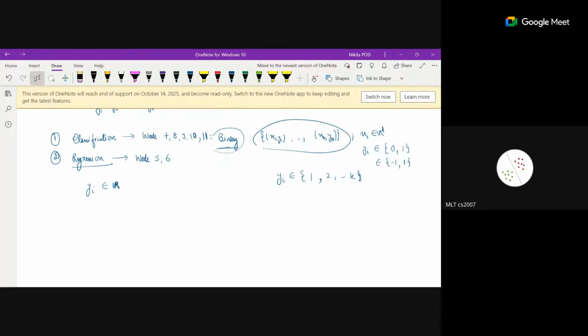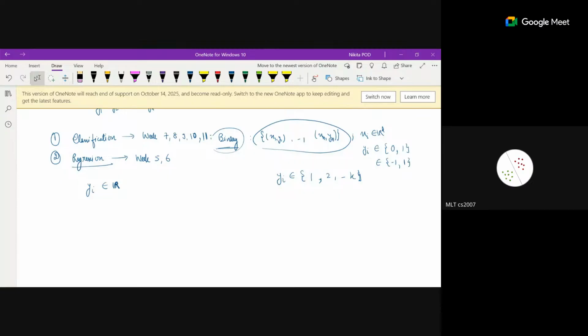Price here is a real number, a real value. Whenever your labels can take any continuous value, such problems fall under the regression problem. Okay, ma'am. So we are putting a constraint in classification that the output should be only among these classes, and there is no constraint in regression. Yeah, right. You can think of it that way.